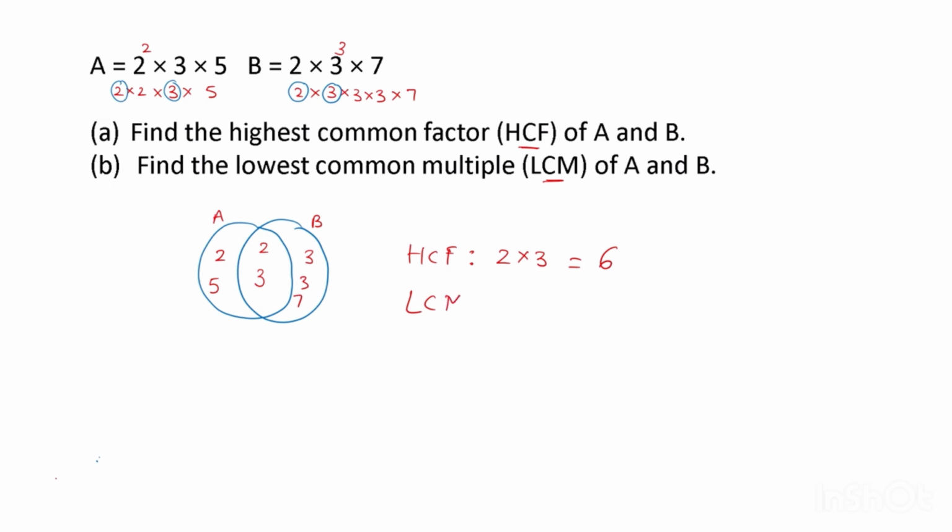For LCM, you're going to multiply everything. So you say 2 times 5 times 2 times 3 times 3 times 3 times 7, and then multiply everything. When you multiply everything, what's the answer? Answer 3780. Done.